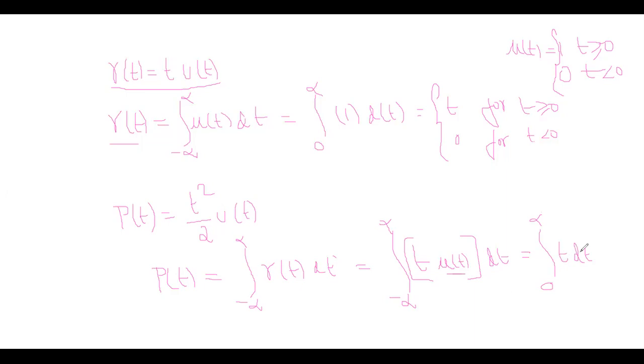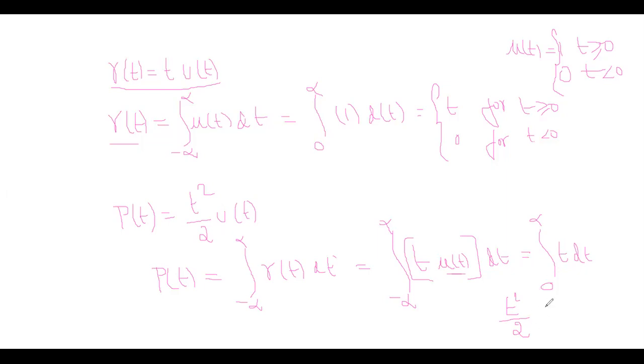What is the integral of t into dt? It is t power n plus 1 by n plus 1. What is n here? It is 1 only. So t square by 2, that is, t power 1 plus 1 by 1 plus 1.